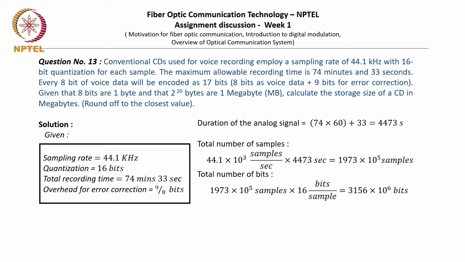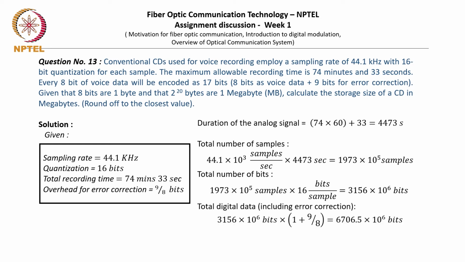Now we know that we have to do error correction also, and the fraction or the overhead that we will use for error correction is 9/8. So for 3156 into 10 to the power 6 bits, we are going to use a total of 6706.5 into 10 to the power 6 bits, including the error correction part. So that is the total digital data.